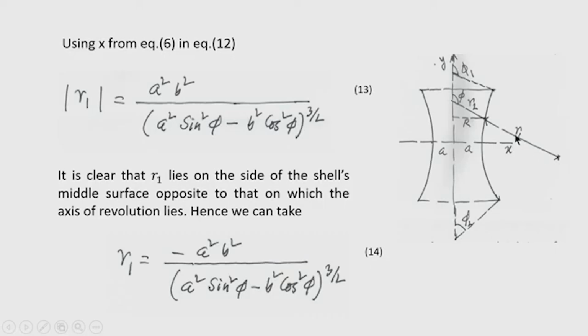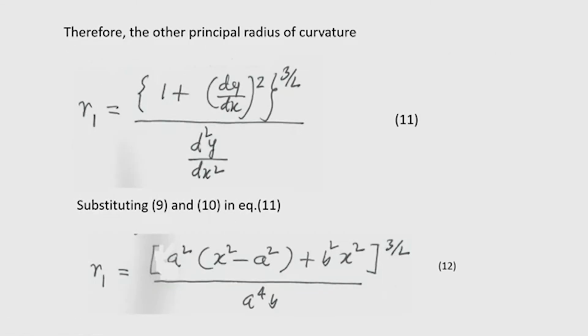So, r 1 is a negative quantity, and in the actual calculation we will put r 1 as negative, but the absolute value of r 1 is given as s square b square divided by s square sin square phi minus b square cos square phi raised to the power 3 by 2. So, these two quantities, the two principal radii of curvature obtained from the first principle of calculus, are very important.